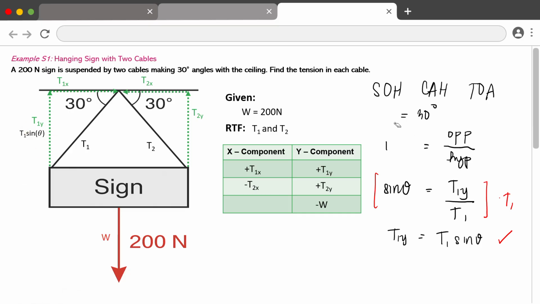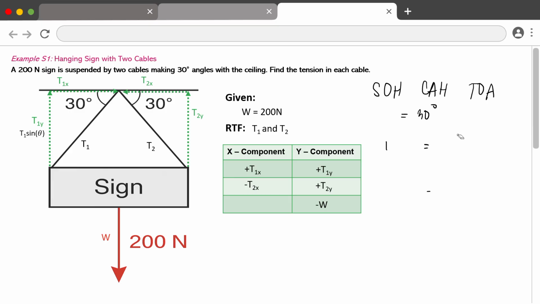Now let's do the same thing for T1x. We need to find the trigonometric ratio that gives us T1x and T1. So what trigonometric ratio is that? That is our cosine. Cosine of theta, still 30 degrees, is equal to the adjacent side over the hypotenuse.